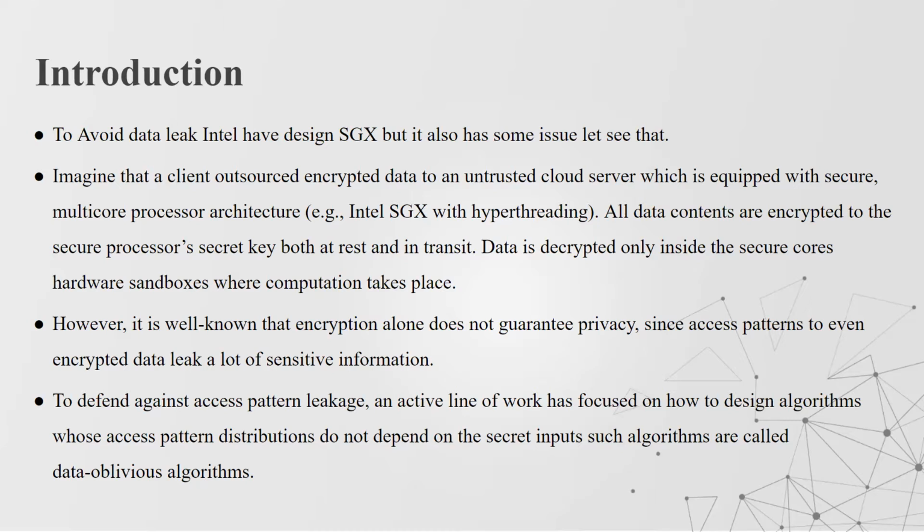Then this data is decrypted only by using that key present in the processor, as we have seen in the previous slide. So data is decrypted only inside the secure cores, the hardware sandboxes where computation takes place.